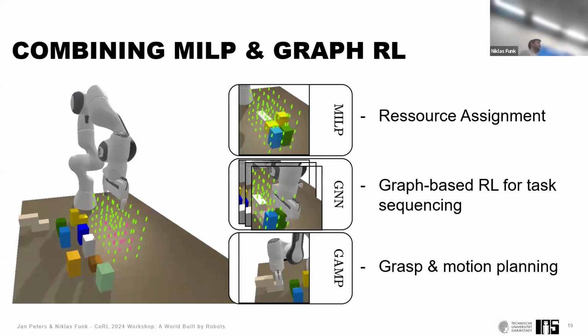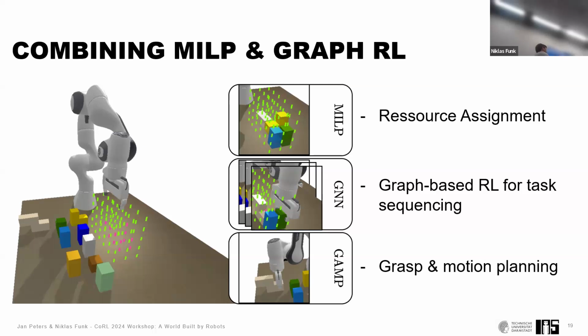So the follow-up approach is a hierarchical approach that tries to decouple the complexities of the problem that we are facing. On the highest level, we run a mixed integer program that tries to solve the resource assignment, so which block type should go where. However, this highest level mixed integer optimization doesn't consider the constraints that the robot is in the loop and that the structure should be stable, for instance.